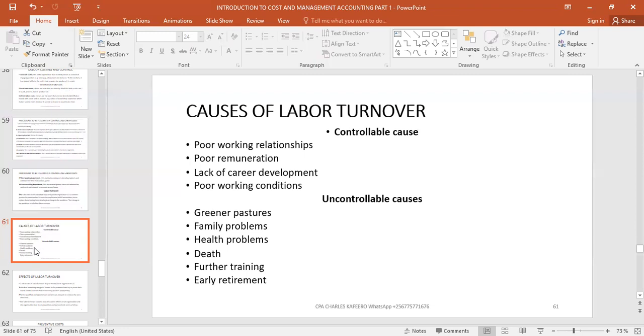The second one, we can talk about poor remuneration or payment. If someone is paid per hour, you may find that someone is paid such a small amount of money that he cannot even earn a living.